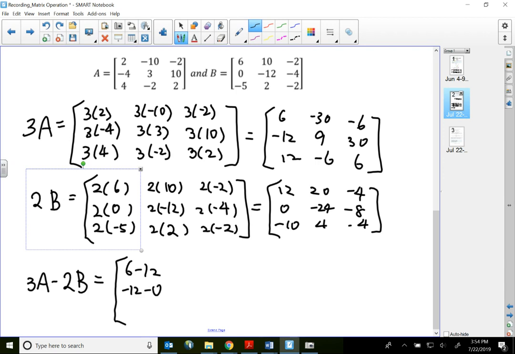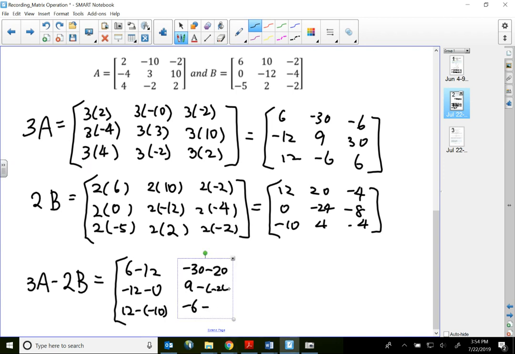All right, 12 minus negative 10. Second one, negative 30 minus 20. 9 minus negative 6, negative 24, and 4. All right, 3A: negative 6, 30, and 6 minus negative 4, negative 8, and negative 4.